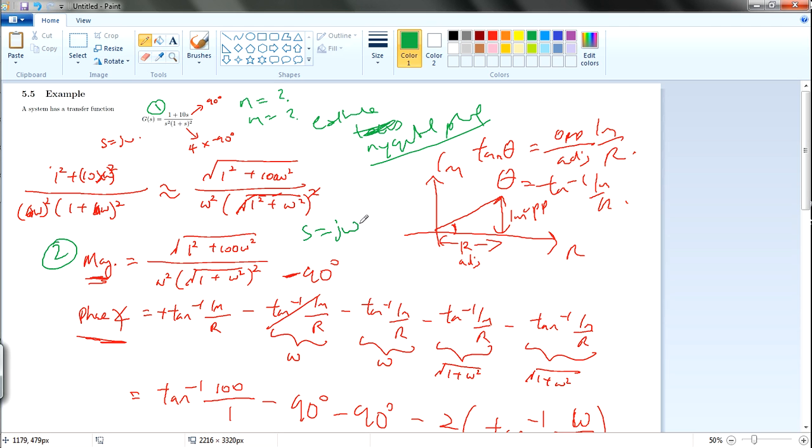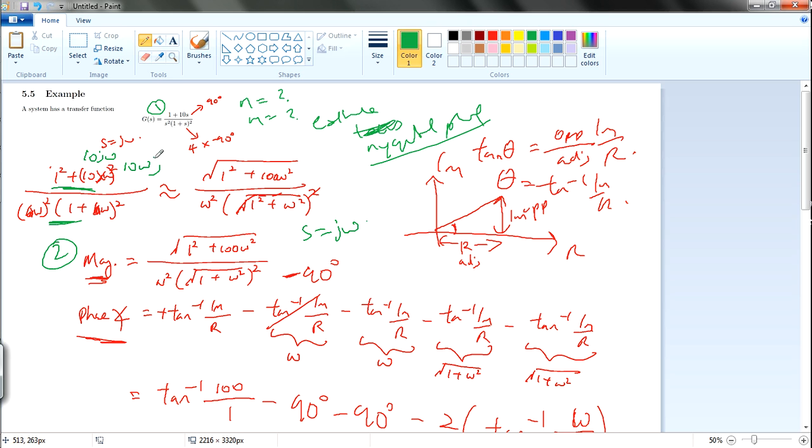Substitute s equals j omega, and then the key thing is that you need to know how to convert this thing to the magnitude itself, simply using the trigonometry rule, real and imaginary. In this case, you have 10 j omega. In this case, it's actually 10 omega j.